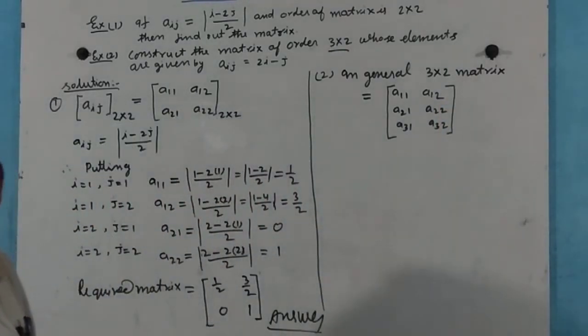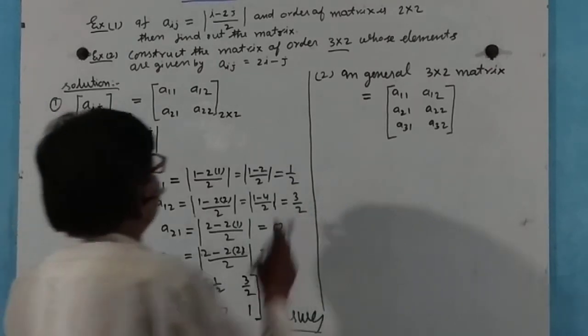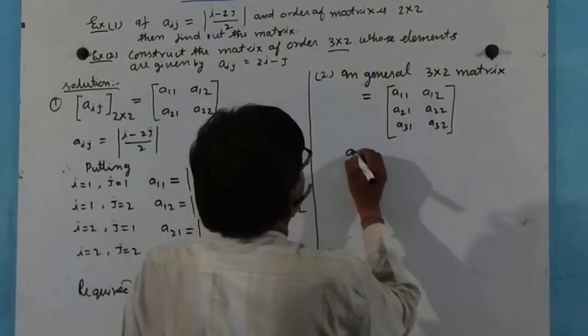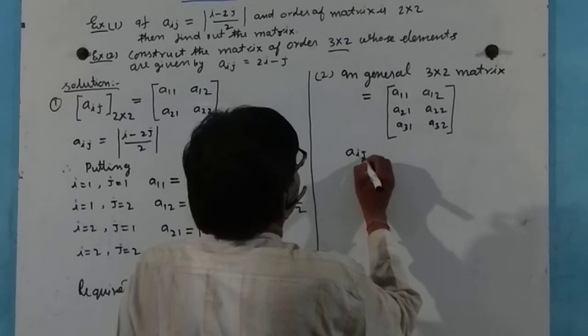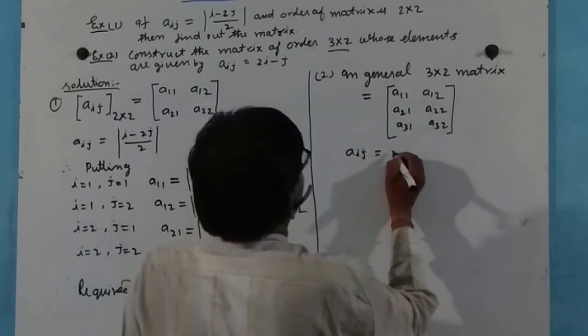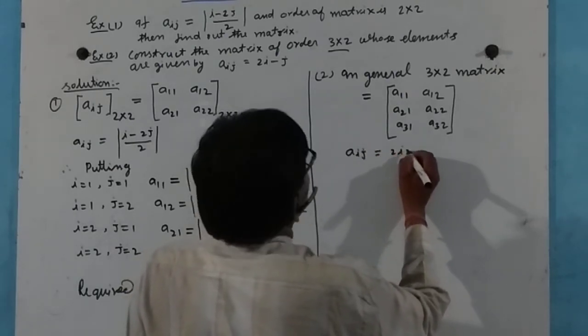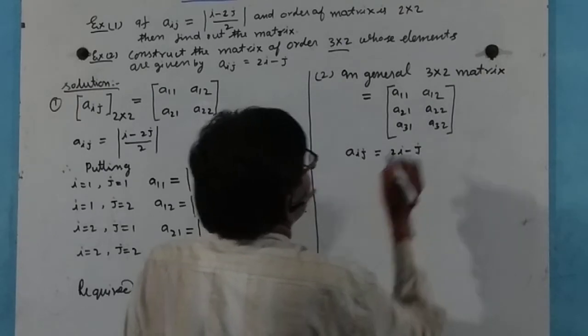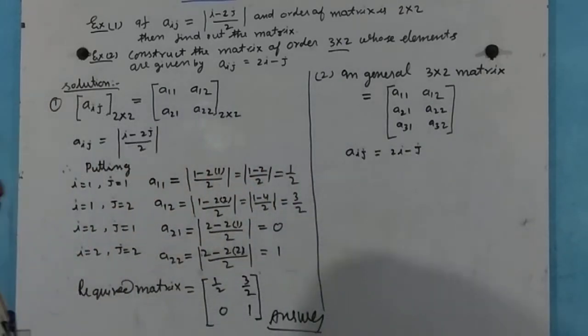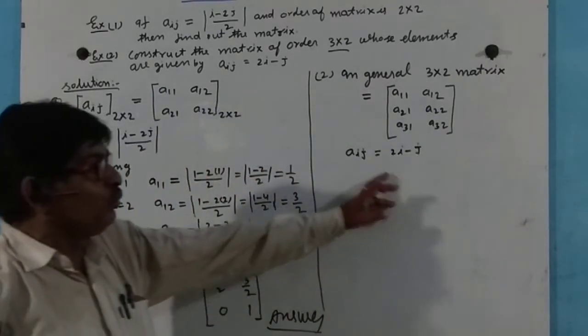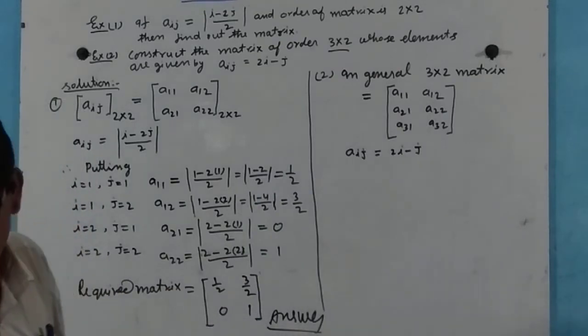Now Aij element is defined as 2i minus j.